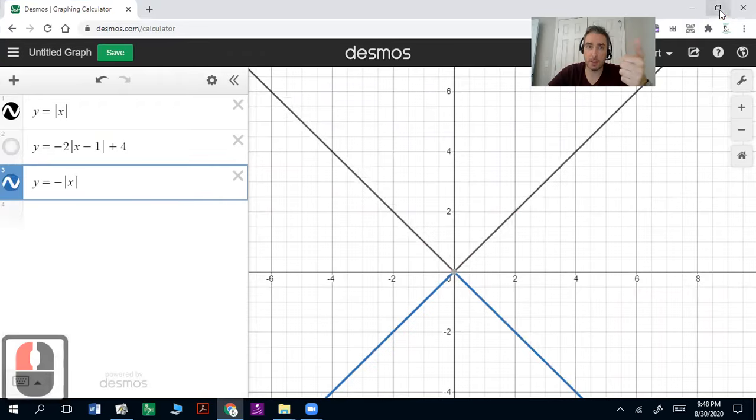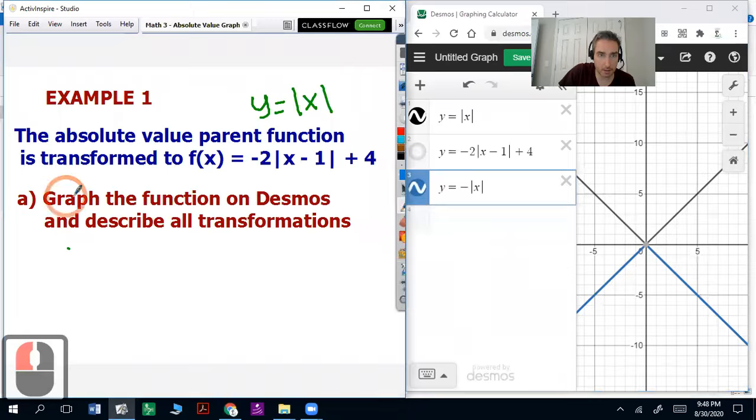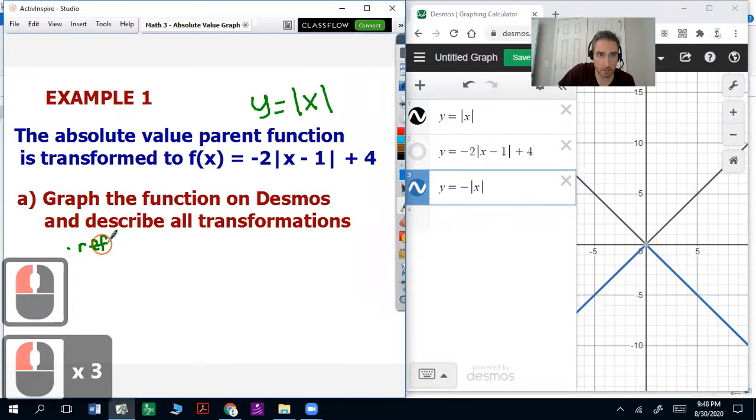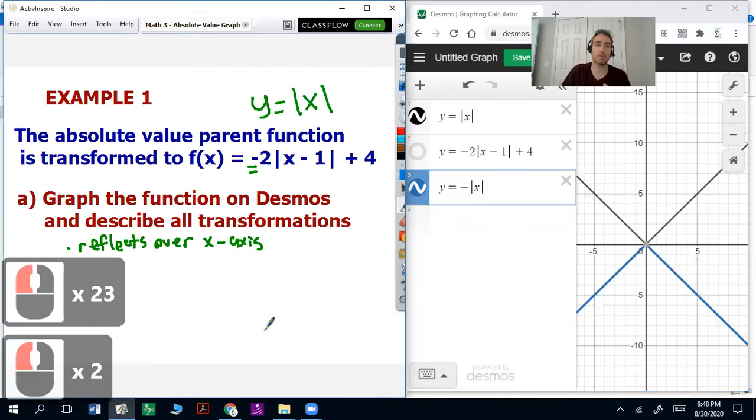So that first thing, we can write, let me do a different color. So we're going to write reflect over the x-axis. And that's kind of indicated by that negative. So anytime you see a leading negative, it's going to reflect over the x-axis.